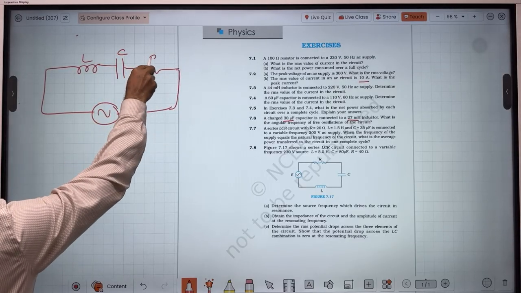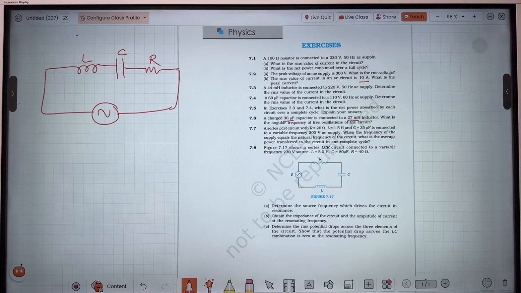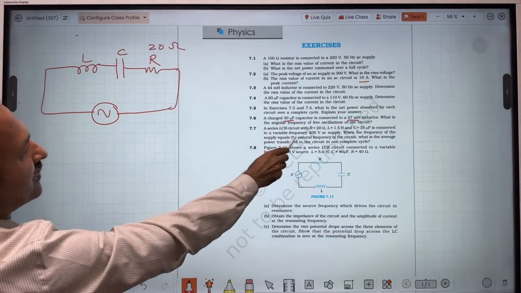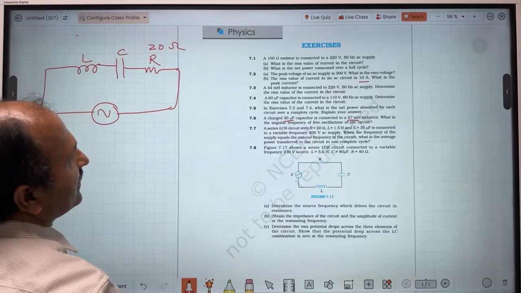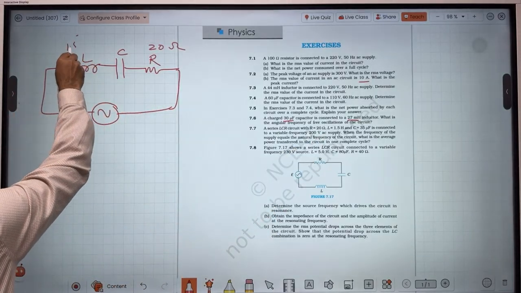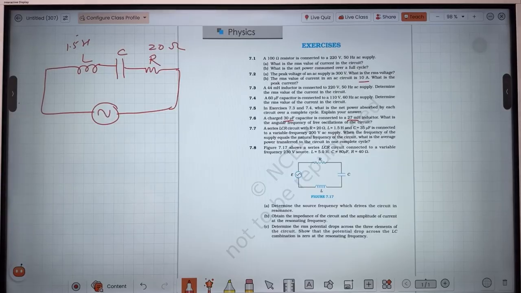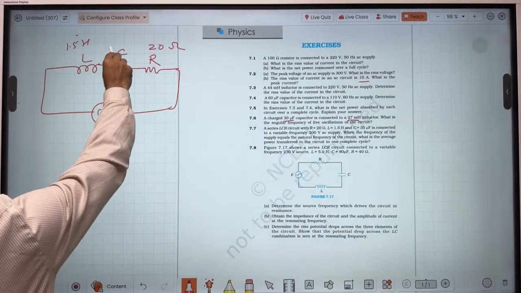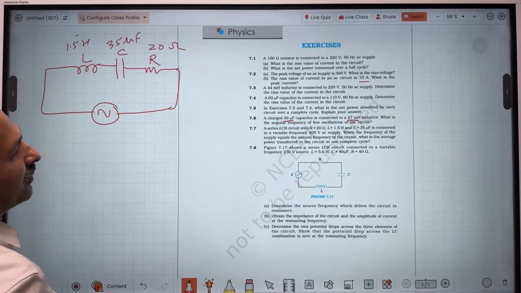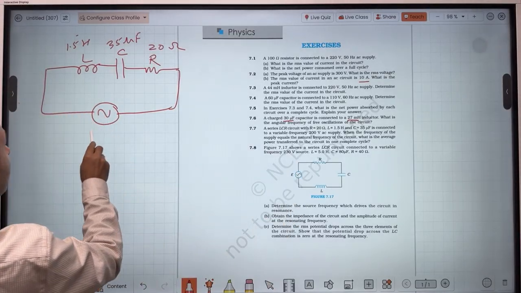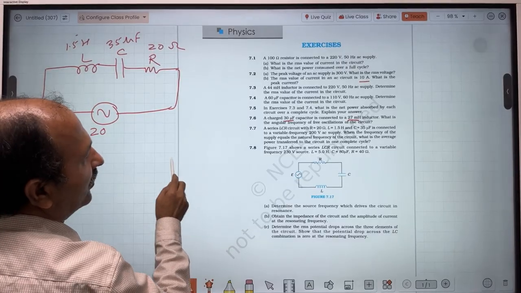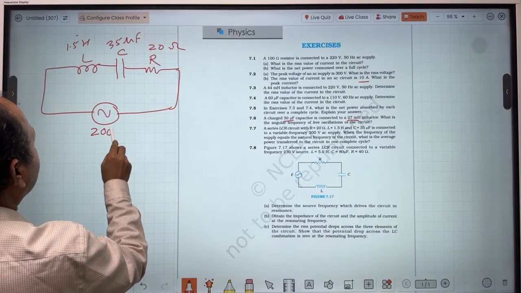So this is C, this is R. Values are given. R is 20 ohm, L is 1.5 Henry, and C is 35 microfarad, and applied voltage is 200 volt, correct?